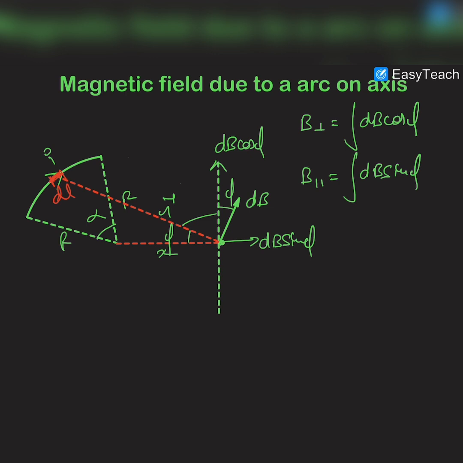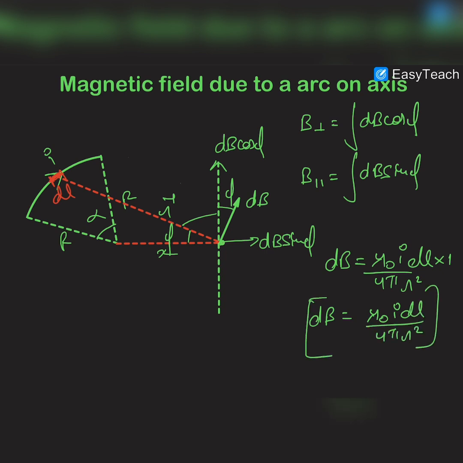First of all, we can find dB. dB will be mu naught I by 4 pi r square dl sin 90, and sin 90 is 1 because the angle between dl and r is again 90. So dB will be equal to mu naught I dl upon 4 pi r square.